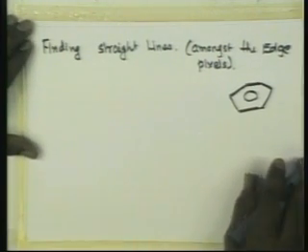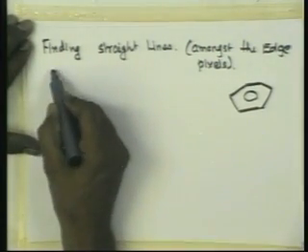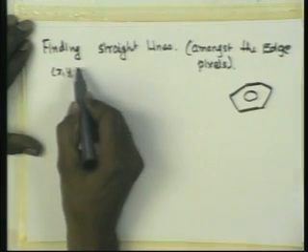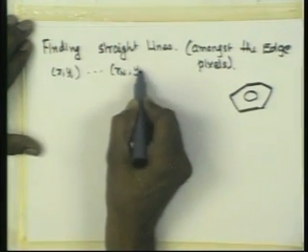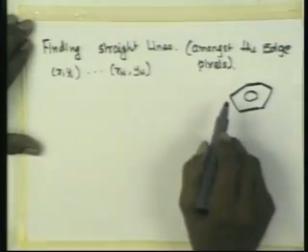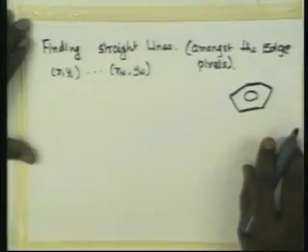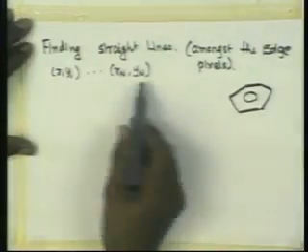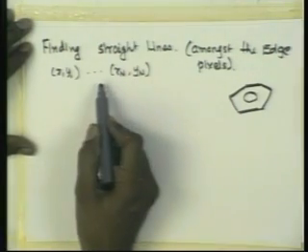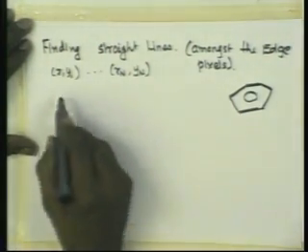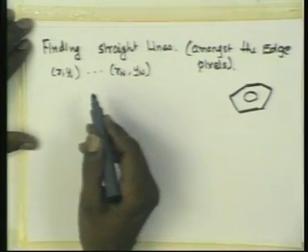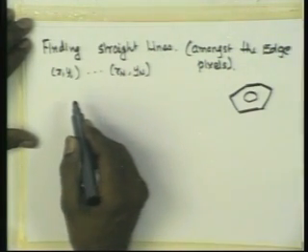One way would be to say, okay, x1, y1, and so on up to xn, yn, these are my probable edge pixels which I have determined using the Sobel operator. Then I take pairs of these. From x1, y1, x2, y2, I can find the slope and the intercept of a line which passes through them.